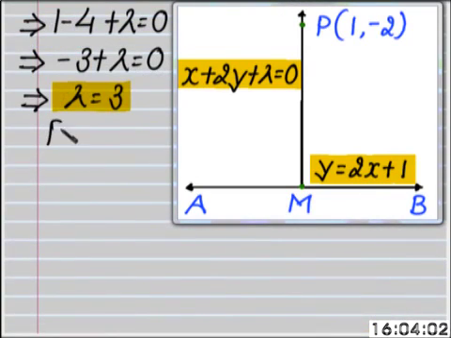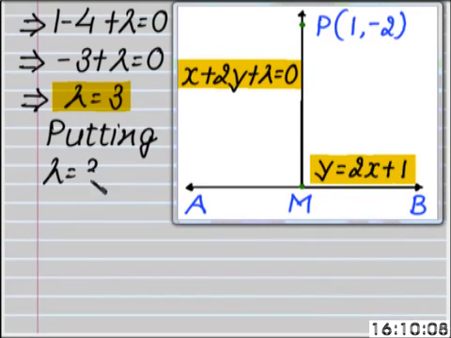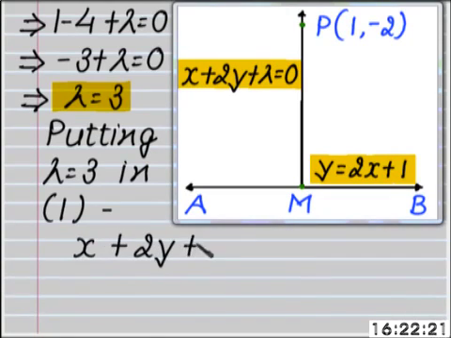So now putting lambda equal to 3 in equation number 1, we get x plus 2y plus 3 is equal to 0.